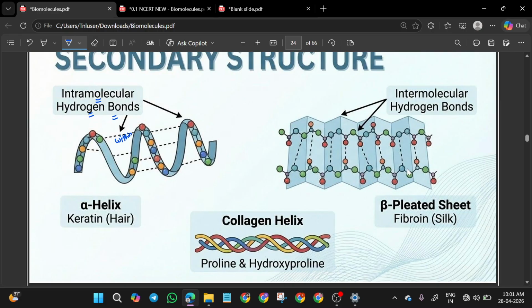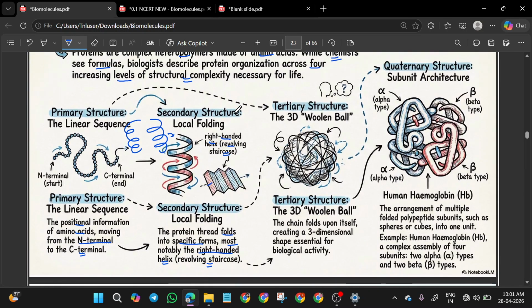Then in this thing we can see beta pleated sheet, that is silk. So it will be present between two chains. ரெண்டு chains-க்கு நடுவுல இந்த மாதிரி some kind of hydrogen bonds will be there. இந்த அளவுக்கு தெரிஞ்சா போதும். Hydrogen bonds will be present to hold this structure.